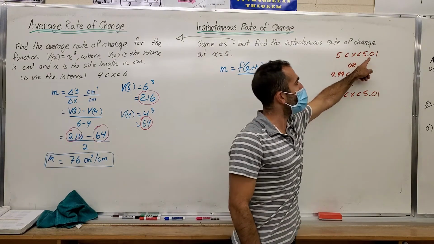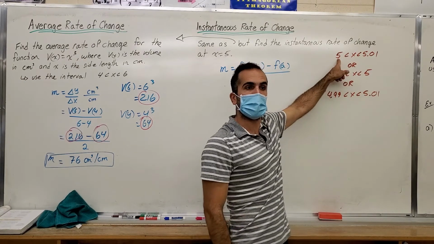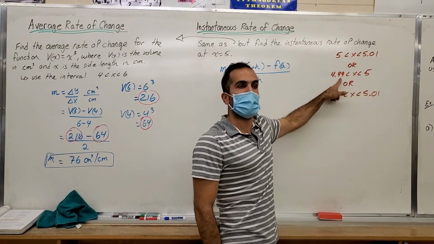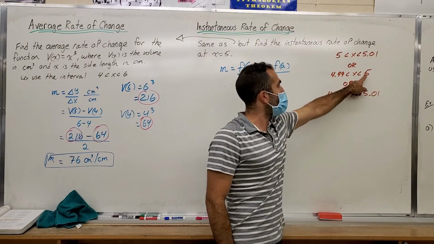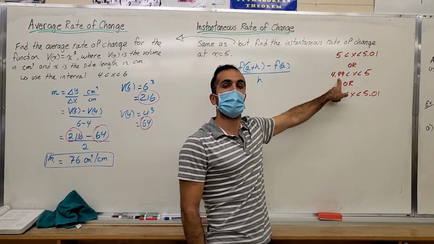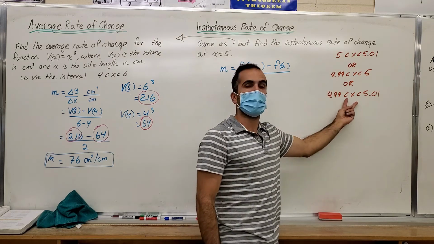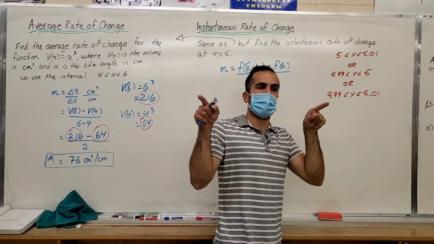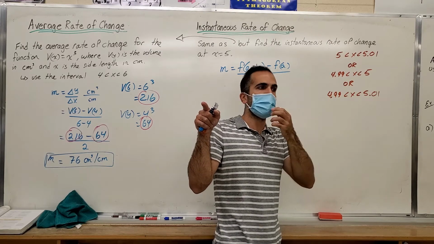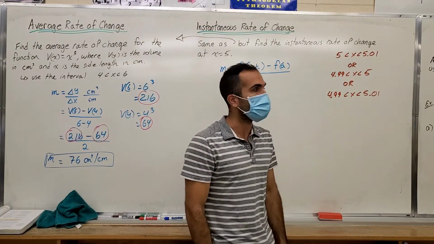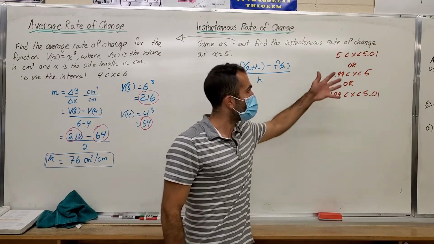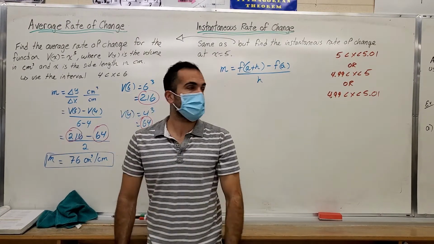This is a following interval because the 5 is what we're interested in, and we're using the number that follows. This is the preceding interval. Here's the 5, and this is the number that precedes the 5 using a very small h value. And this is called centered interval. Our 5's in the middle, and we're using small numbers on the outsides of the 5. They're all ways to find instantaneous rate of change, to estimate it. And you do this same way as this.